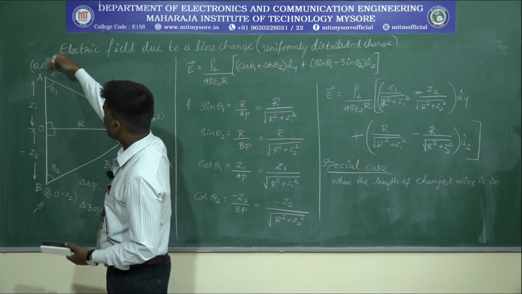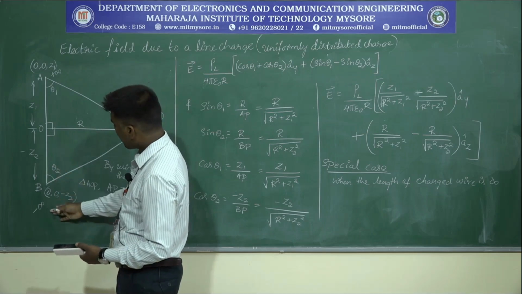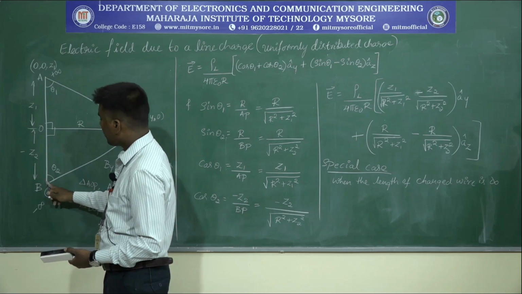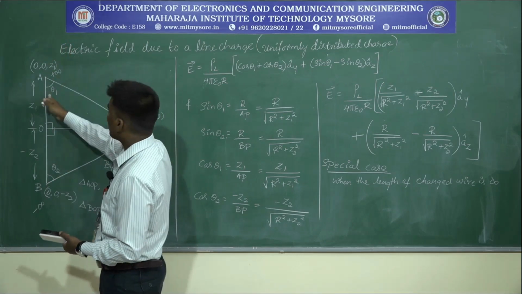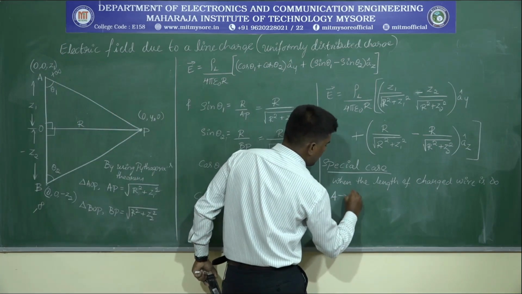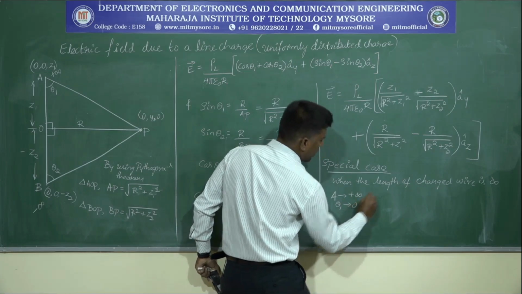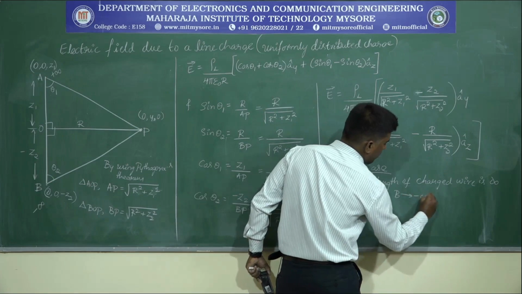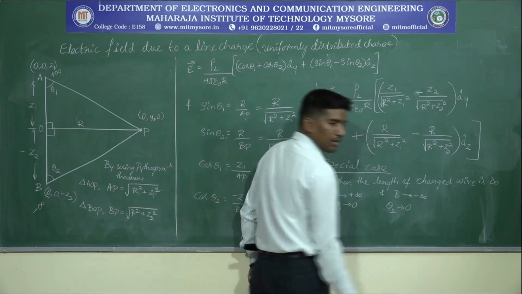So the positive extent is plus infinity, the negative extent is minus infinity. When point B goes to minus infinity, then theta 2 becomes 0. When point A goes to plus infinity, then theta 1 becomes 0, right? And when point B goes to minus infinity, theta 2 becomes 0.